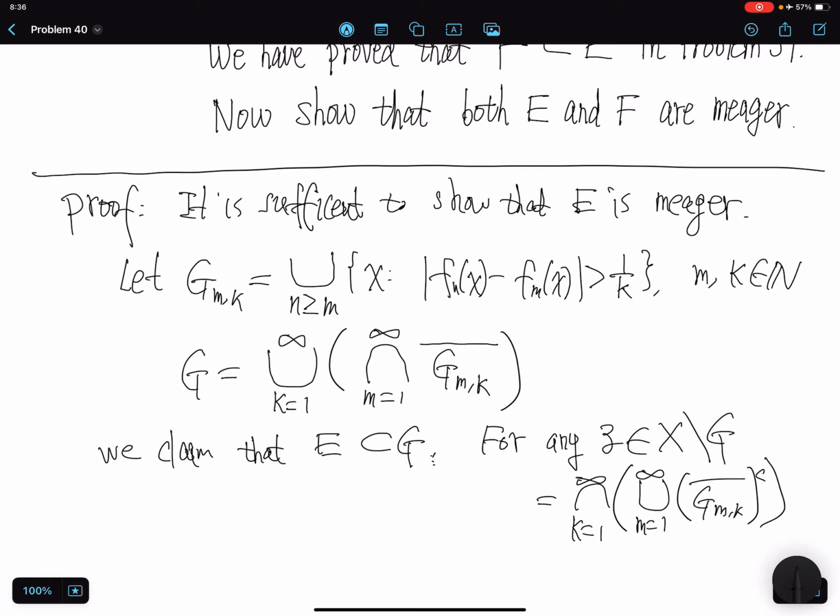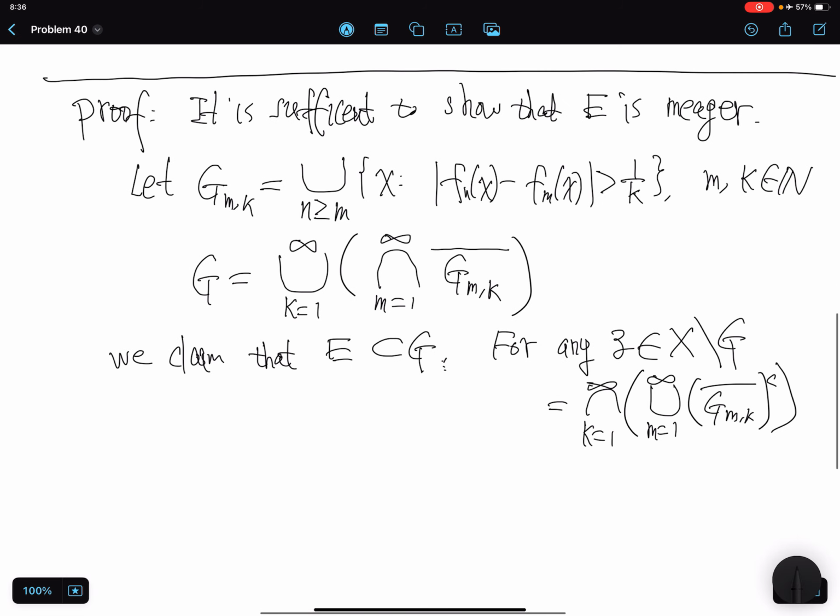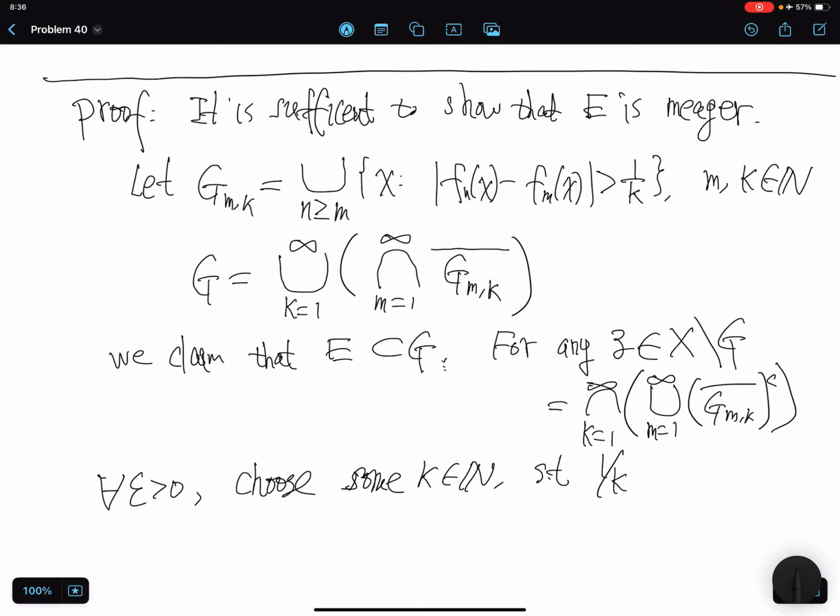So if z is not in G, now for all epsilon greater than 0, we can choose some K in N such that 1 over K is less than epsilon over 2. Clearly such a K exists.